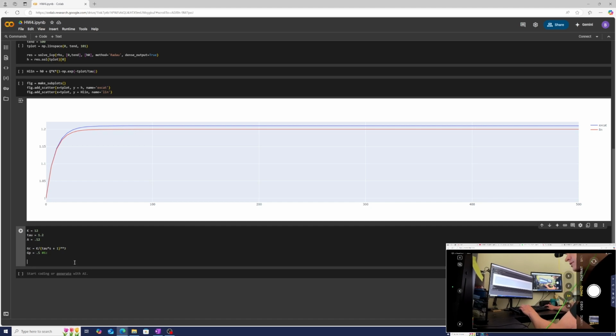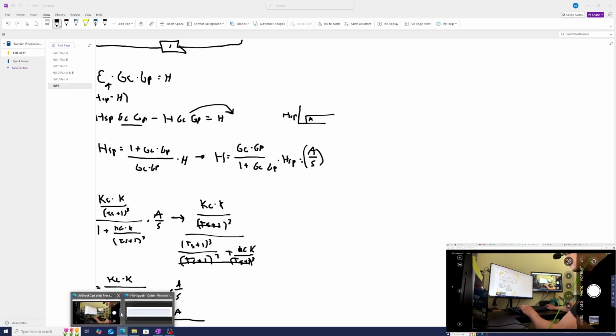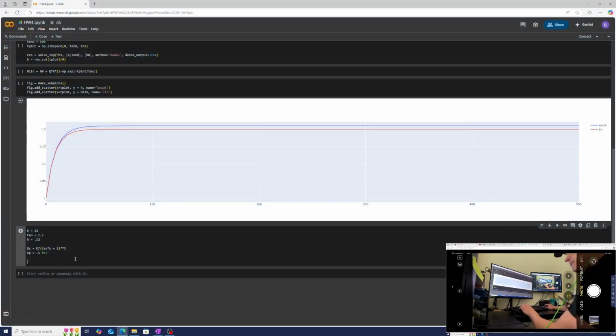And then we need to create our transfer function for our closed loop, which is just what we derived earlier, GC times GP over 1 plus GC times GP. So our loop is equal to GC times GP divided by 1 plus GC times GP.